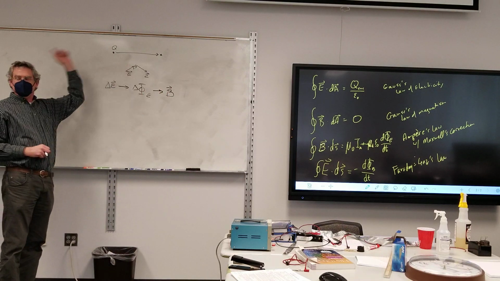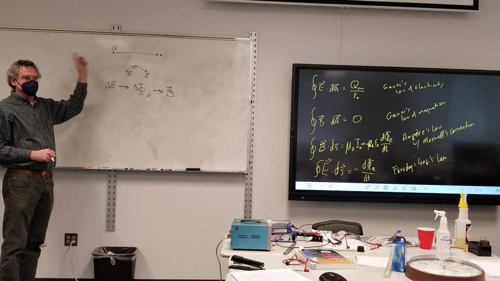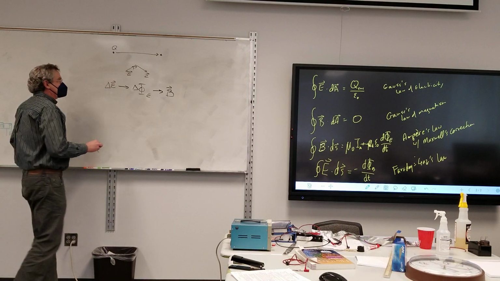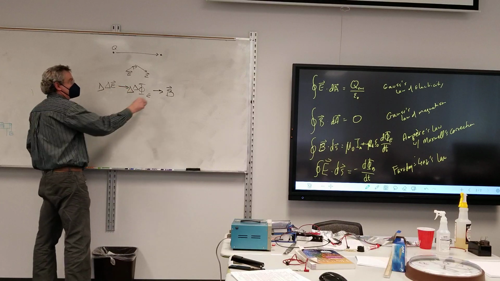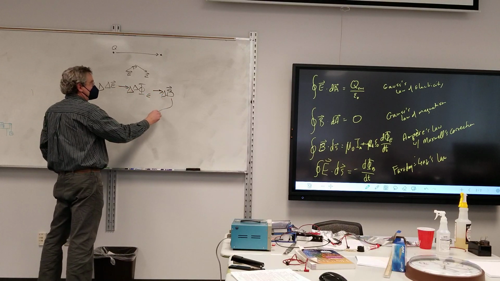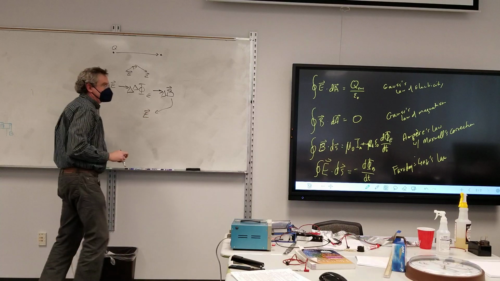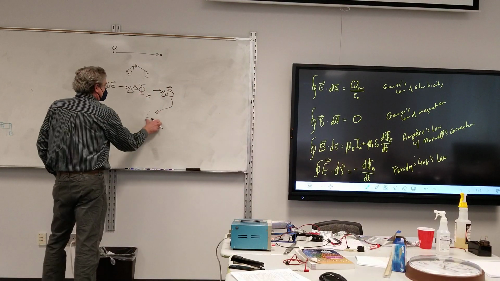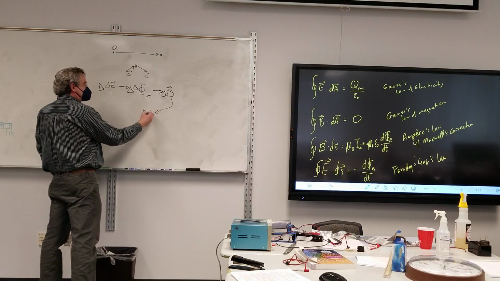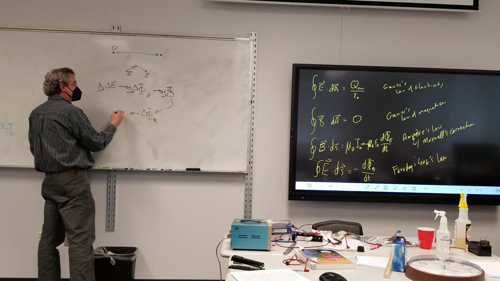So if that charge suddenly moved back, so my charge is moving back and forth in some sort of cosine or sine form, then I've got a change in the change in electric field, which creates a change in my magnetic field, which creates an electric field, based upon what we have down here. Think of the intermediate step: it creates a change in the magnetic flux, which creates an electric field.